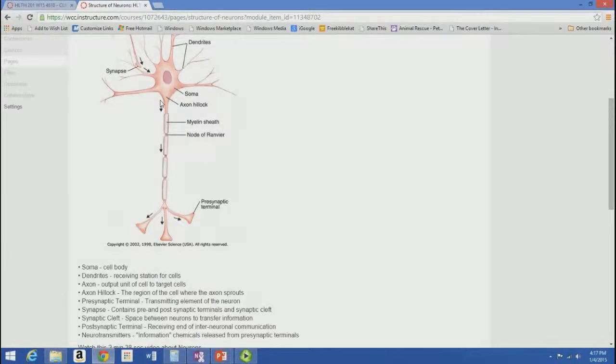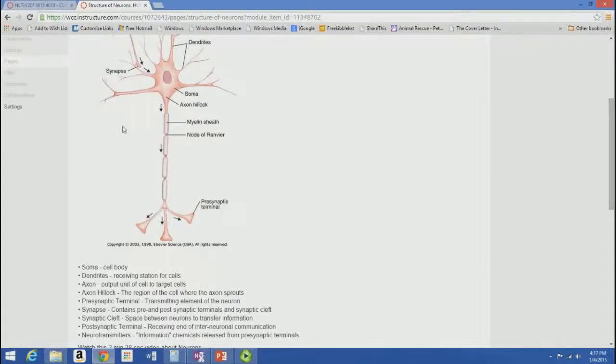When an undifferentiated stem cell starts to differentiate into a neuron, it forms that axon hillock, and the axon sprouts and grows out and finds another cell to synapse with. In the development of the nervous system chapter, there are some neat videos of electron micrographs showing that axon hillock sprouting, which is kind of cool.